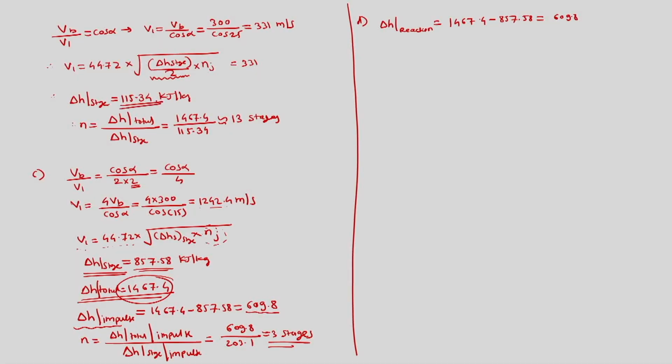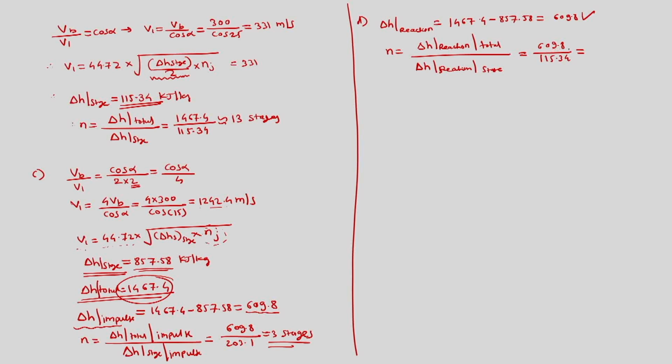We know one stage of reaction has 115.34, so the number of reaction stages is equal to delta H reaction total divided by delta H per reaction stage, which is 609.8 divided by 115.34.